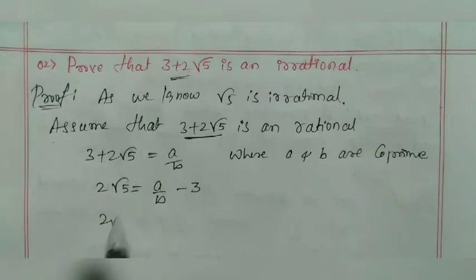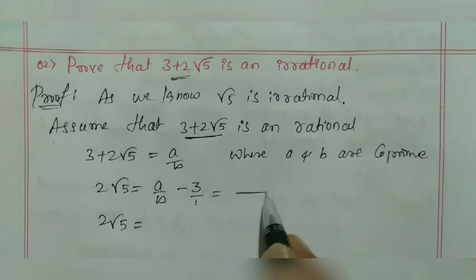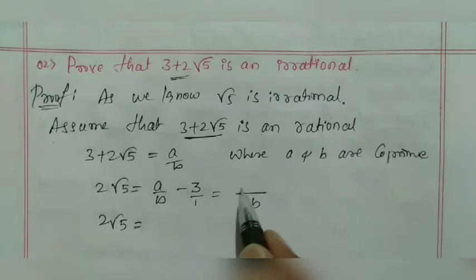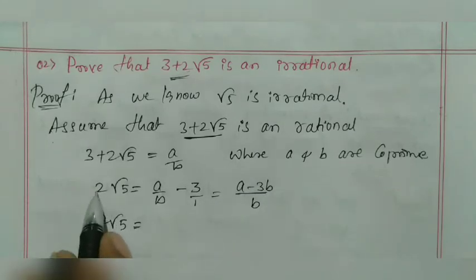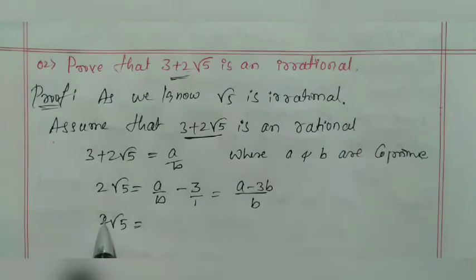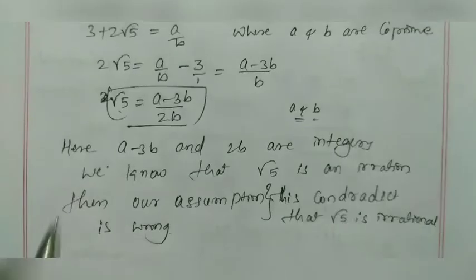So 2 root 5 equals a by b minus 3. LCM of b and 1 is b, so a minus 3b, divided by b. Then we bring the 2 to the other side, so root 5 equals a minus 3b divided by 2b.